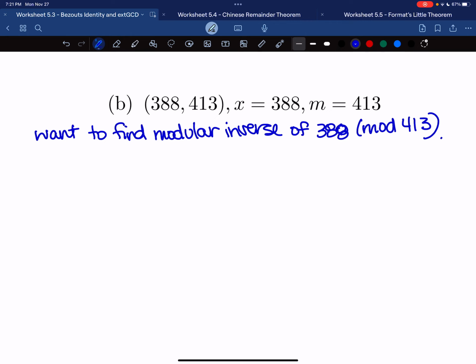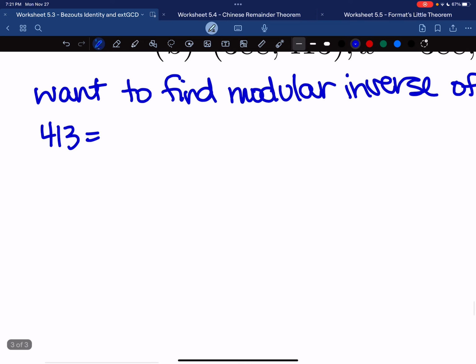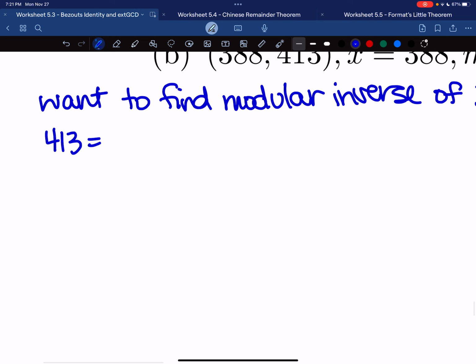So we're going to start off with 413, and we're going to say 413 is equal to 1 times 388, plus there's going to be 25 left over. 388 is equal to how many 25s?